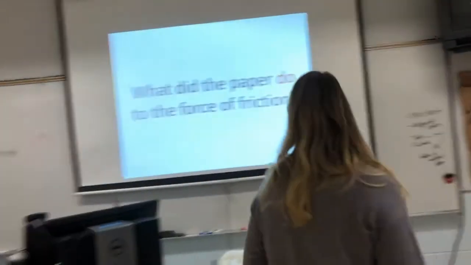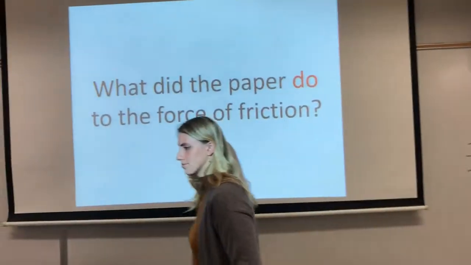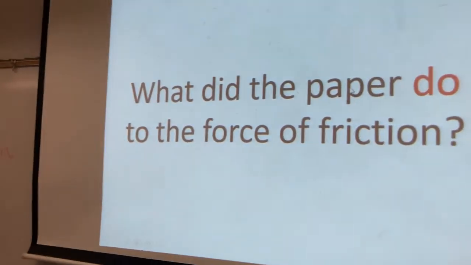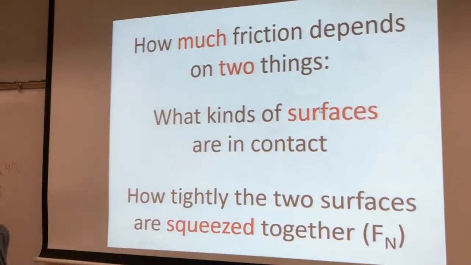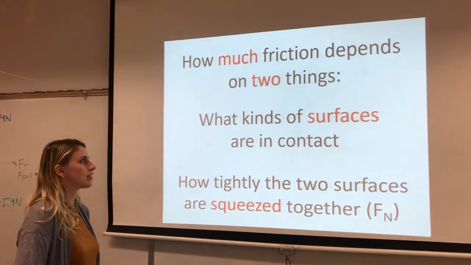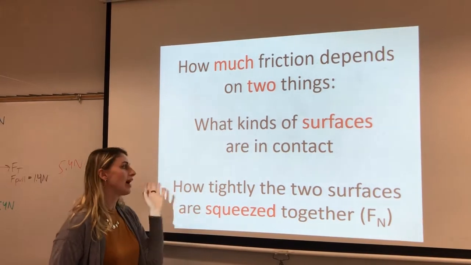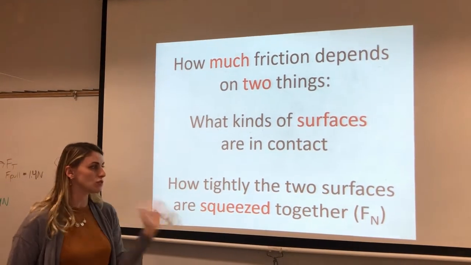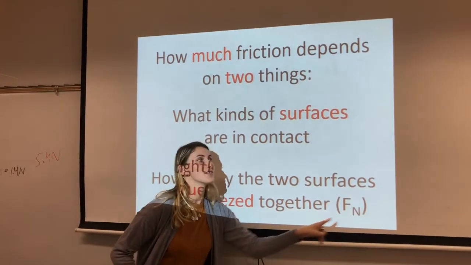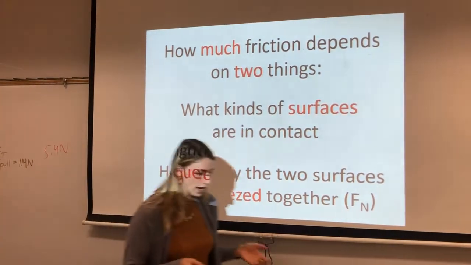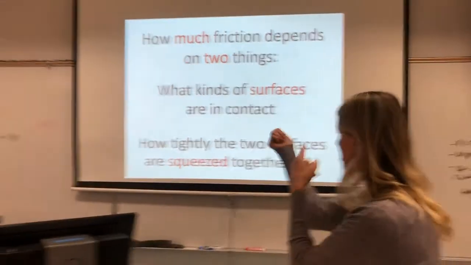What's going on here? How much friction depends on 2 things: what kinds of surfaces are in contact, and how tightly these 2 surfaces are squeezed together. Normal force. Okay, and so in our trials, we changed both these things.